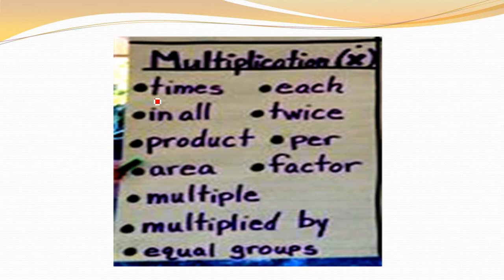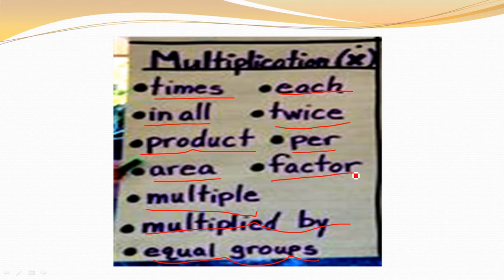If the word problem contains the words times, in all, product, area, multiple, multiplied by, equal groups, each, twice, per, factor, it means they are giving us the clue that the problem is based on multiplication.